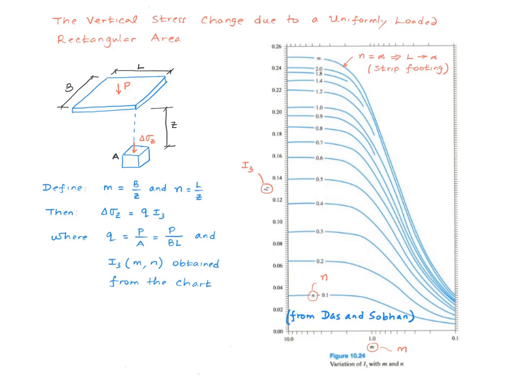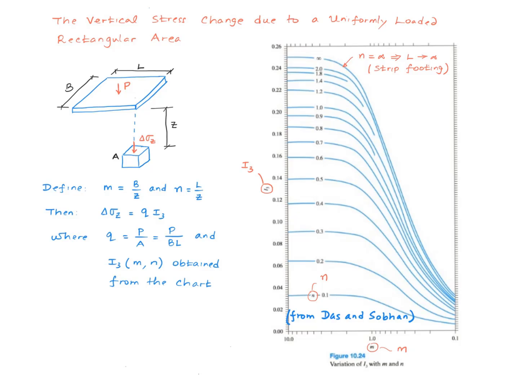So for a given value of little m, we'll just draw a vertical line corresponding to that value and then go up to the curve that corresponds to the value of little n, and then draw a horizontal line from that in order to get the value of I3. And of course, if you don't see a curve for the little n that you have, you're going to have to interpolate. The solution is also available in the form of equations and tables, and I would like you to refer to the book for the details on those.